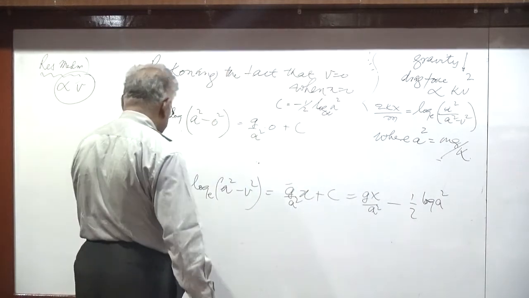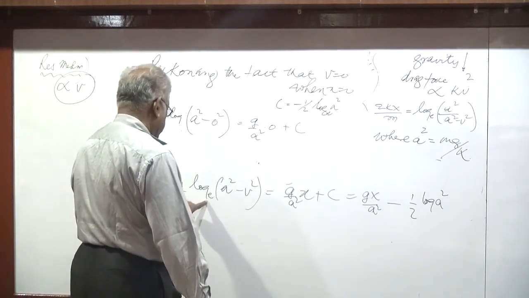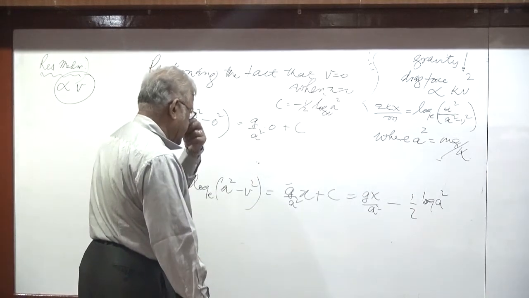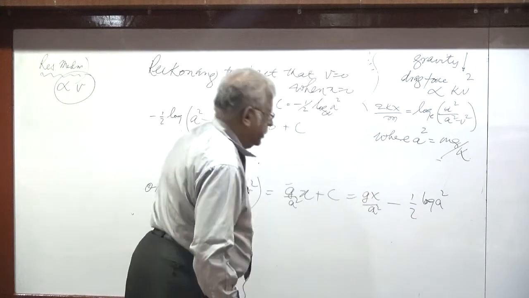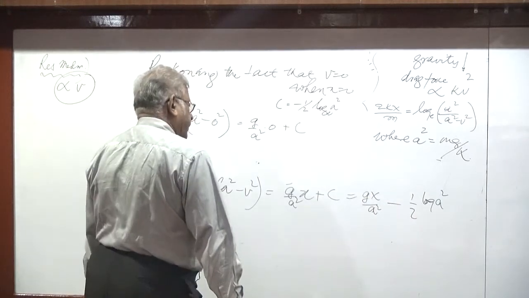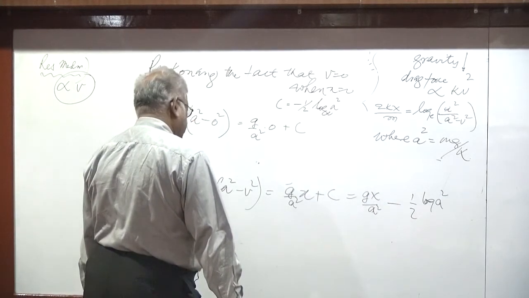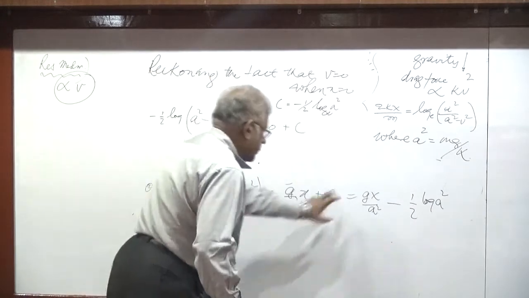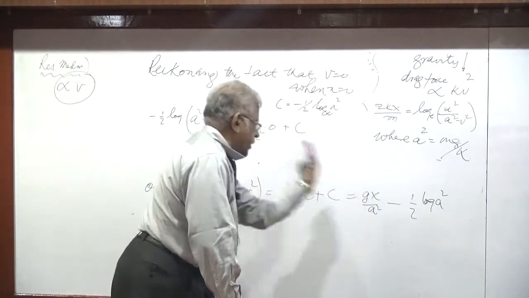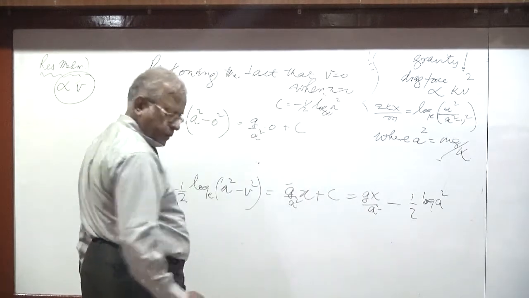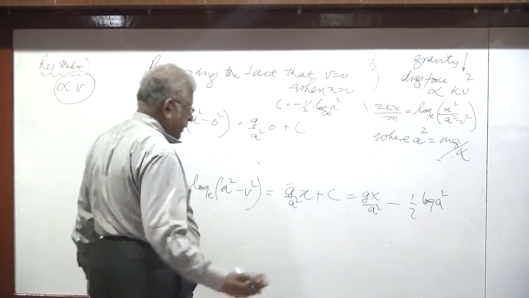So that is it. Minus half log base e a square minus v square is gx over a square into minus half of log a square. What we can do is we put this x term here and take this term on the right and keep gx over a square on the right. That should not be a problem.